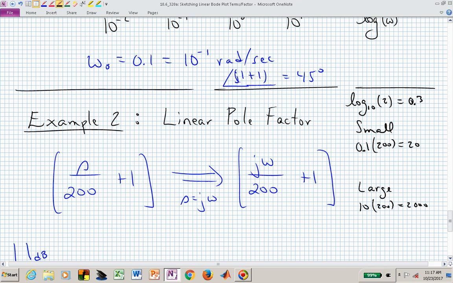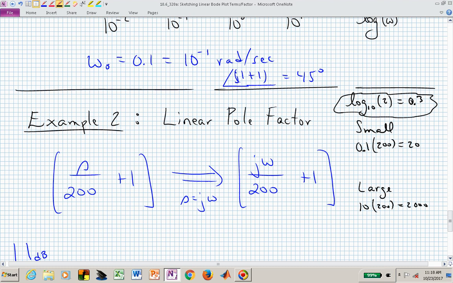So now the log of 20 is going to be 30% of the distance between 10 and 100. So this 0.3 gives us a 30%. That's now 2 is, in a logarithmic sense, 30% of the distance between 1 and 10.